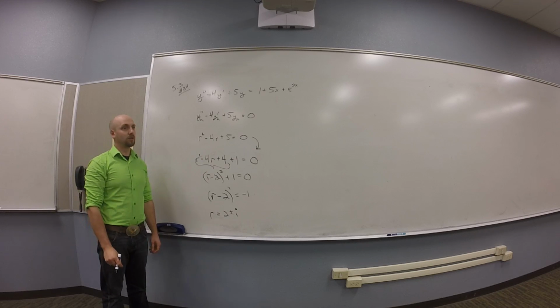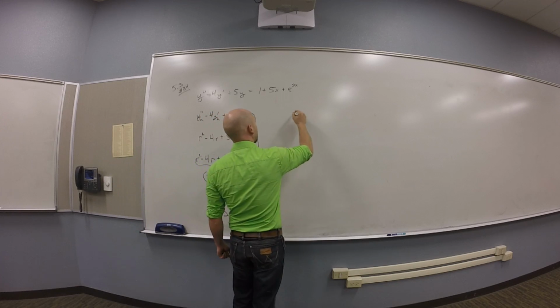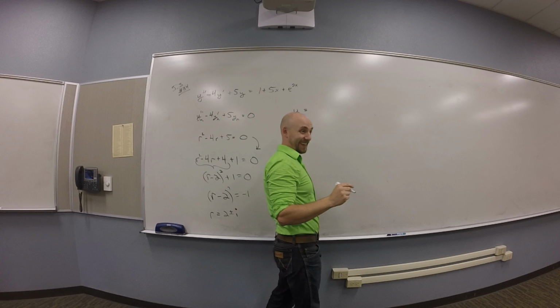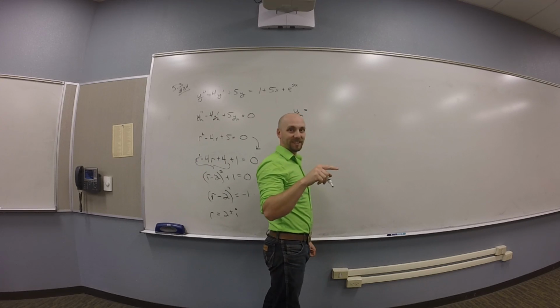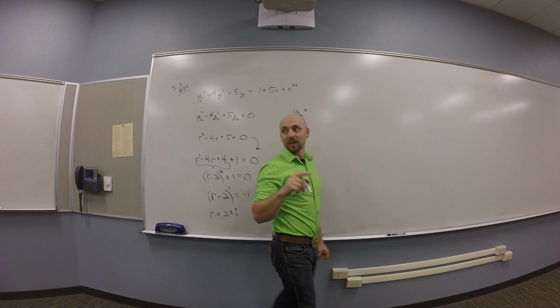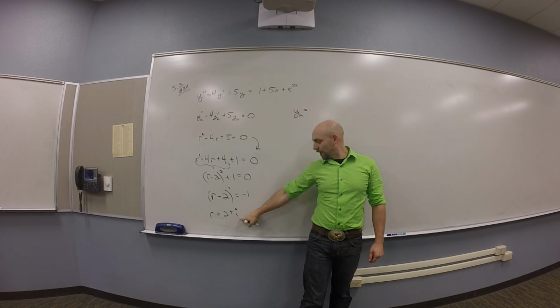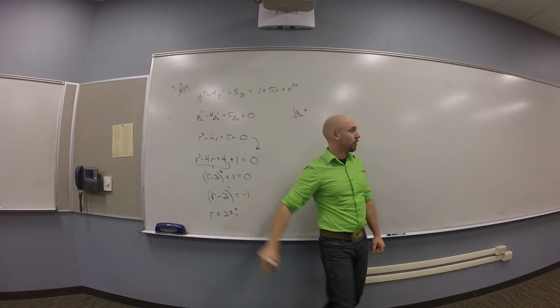So what does that tell you about your homogeneous solution? That one trick with the cosine and the sine. The cosine and the sine apply to which part? The imaginary part. So what's the coefficient on i there? 1.